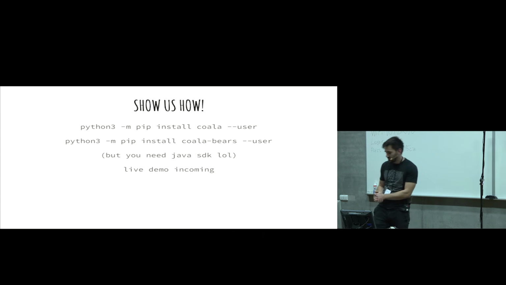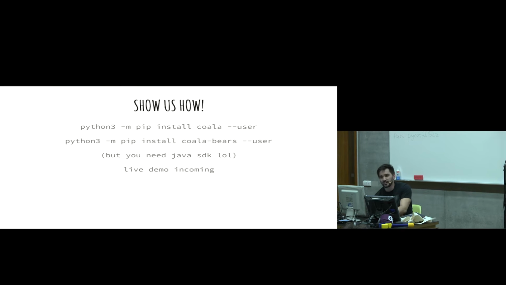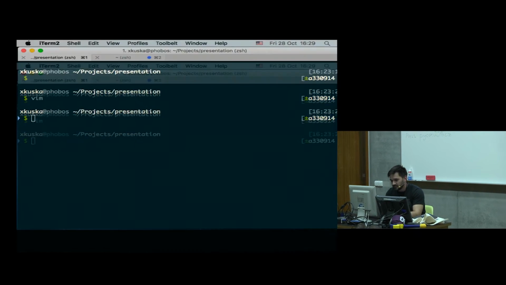I could show you some code about how Koala works. To set up Koala, you can use pip to install it, basically like you normally do. But what is really interesting is that Koala needs Java to run. That's kind of a letdown, right?